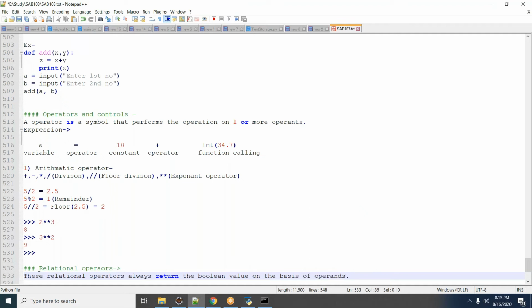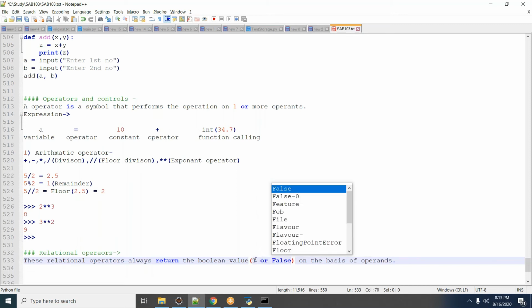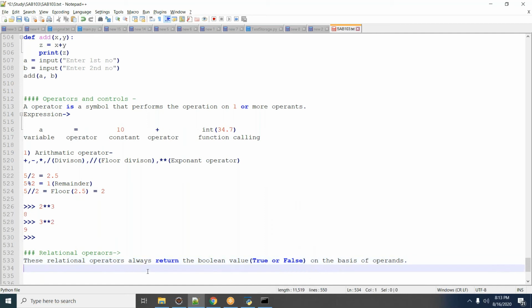Operands are like this a, this 10, and let's say here it is 20, and I'm checking greater than or equal to. So on the basis of these values, this relational operator returns a Boolean value. What is a Boolean value? Always true or false.